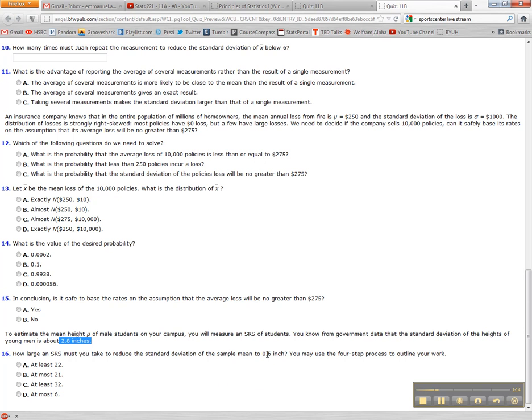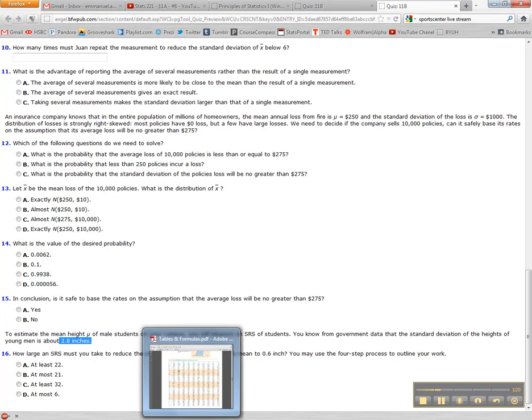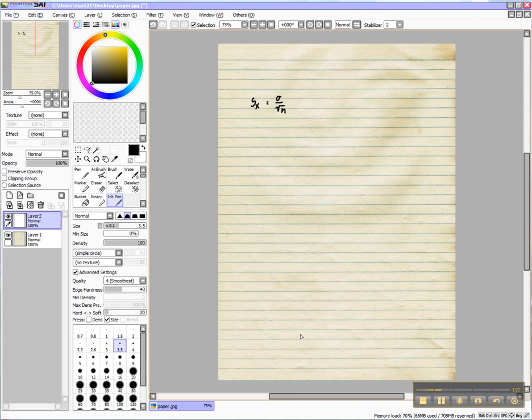And then it asks us to reduce the standard deviation to 0.6, which is the standard deviation of the sample mean. So plugging in all that information, the question is: what size n do I need so that this equation is equal to 0.6 when you have 2.8 as your sigma?